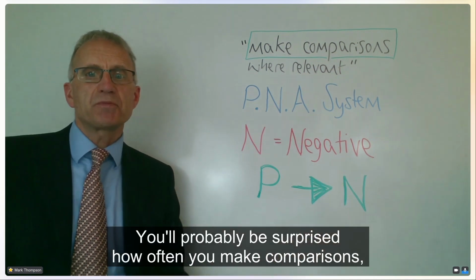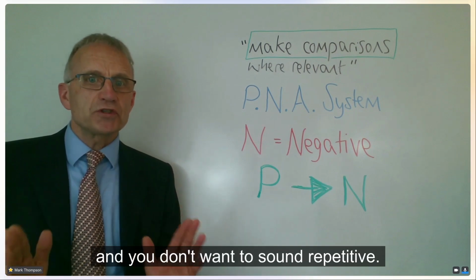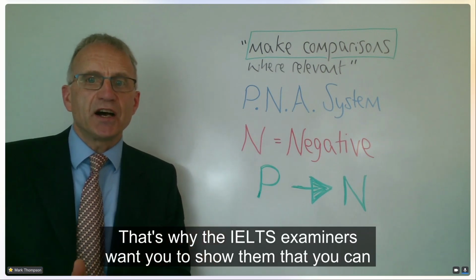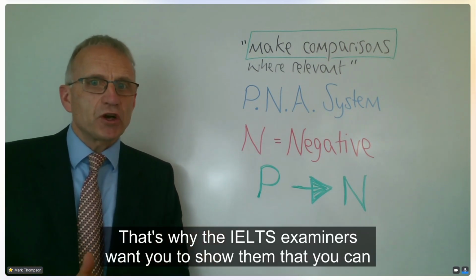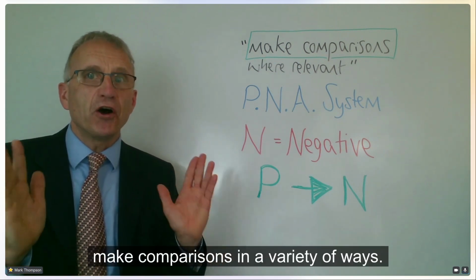You'll probably be surprised how often you make comparisons and you don't want to sound repetitive. That's why the IELTS examiners want you to show them that you can make comparisons in a variety of ways.